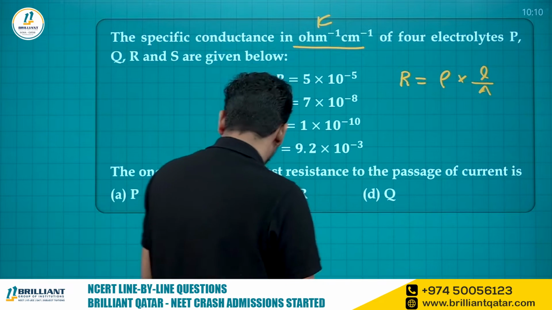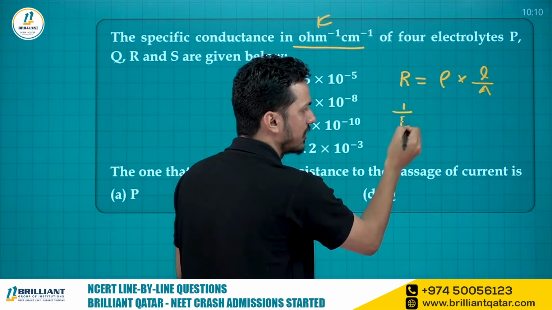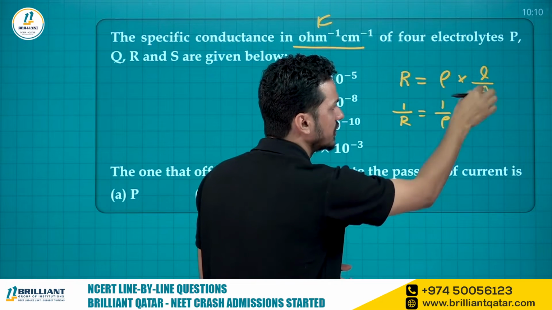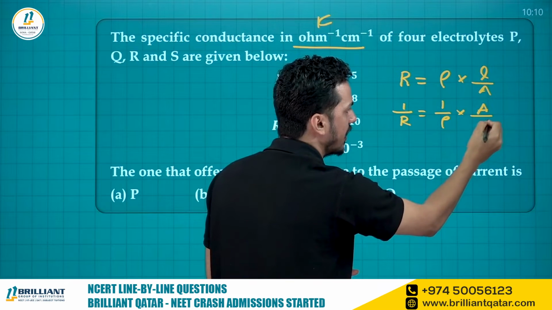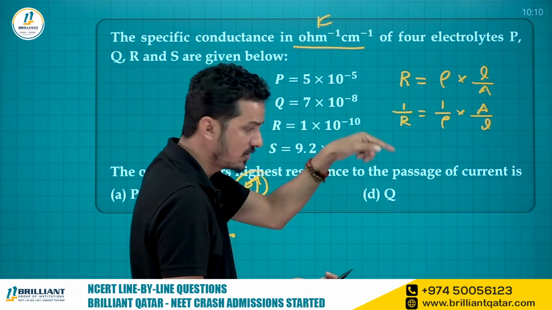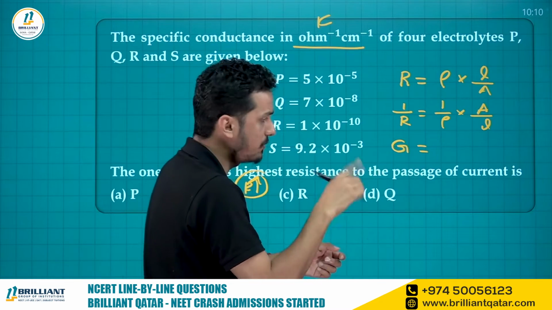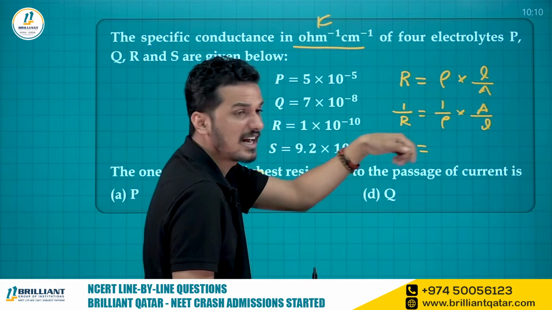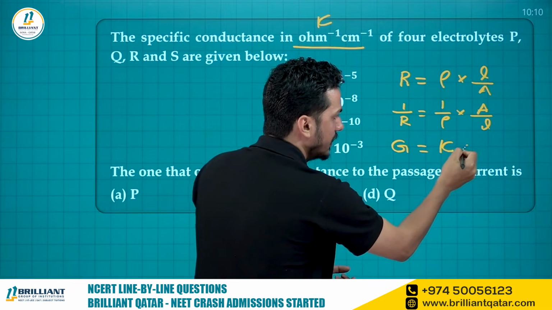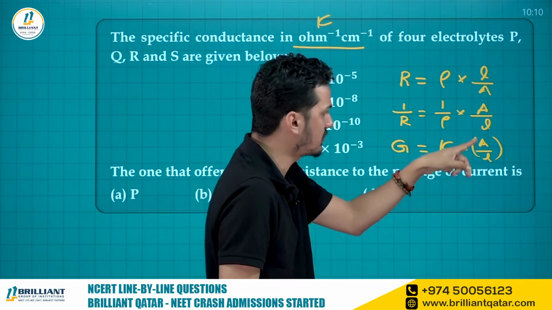If you want, I will write it like this also. I am taking the reciprocal. This is 1 by R, that's equal to 1 by rho into A by L. So 1 by R is nothing but the reciprocal of resistance, which is conductance G. The reciprocal of resistivity is conductivity or specific conductance kappa, so G equals kappa into A by L. A by L is the reciprocal of cell constant.